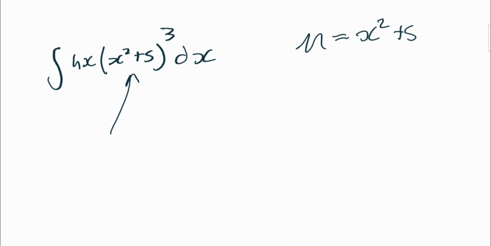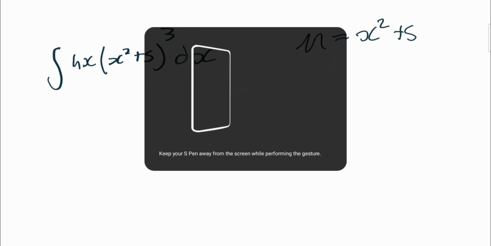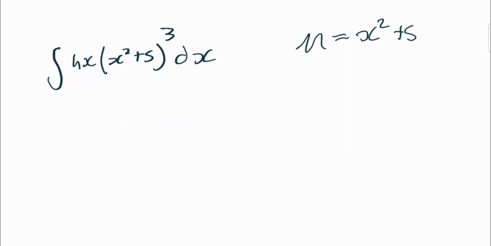Okay, next step. We need to find the derivative of u, as this will give us du equals the derivative of u dx. So du is going to equal 2x dx. Great.